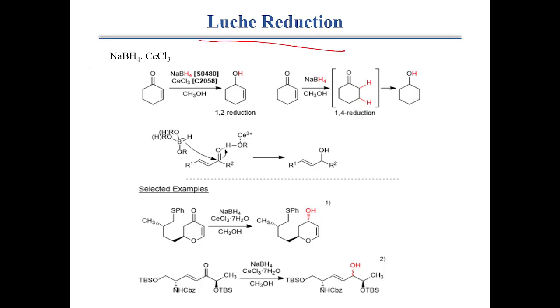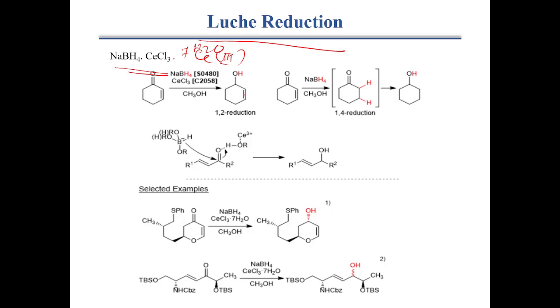So in the presence of sodium borohydride and cerium chloride, cerium is in the +3 oxidation state. It is also CeCl3·7H2O. So sodium borohydride is there, with cerium chloride. So this combination is called the Luche reduction combination.